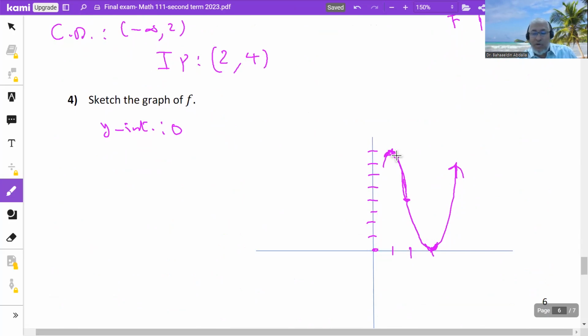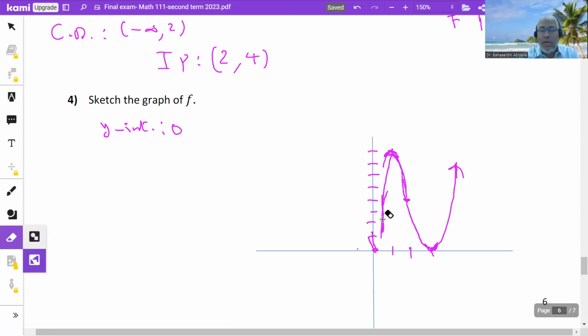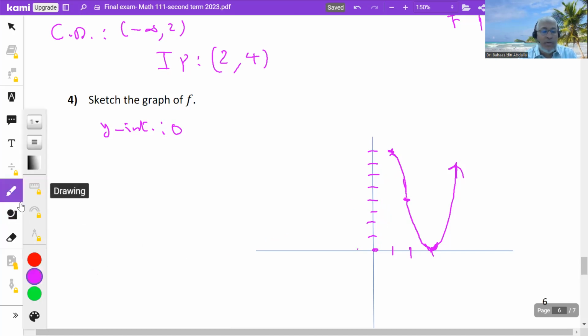Okay, so it goes, the concavity is, excuse my graphing. Oh, it's not easy for me to graph here. I'll try to sketch the graph.